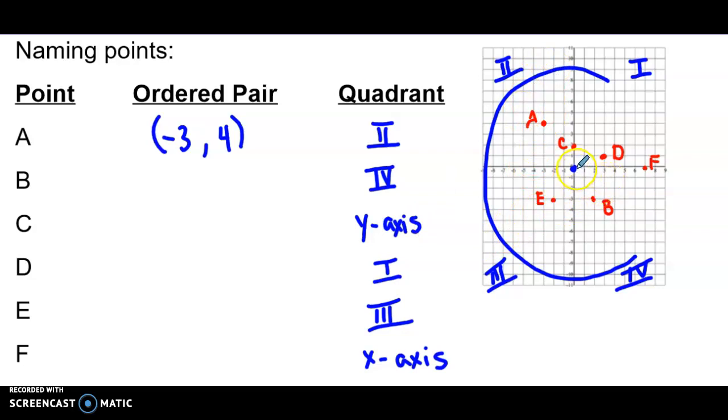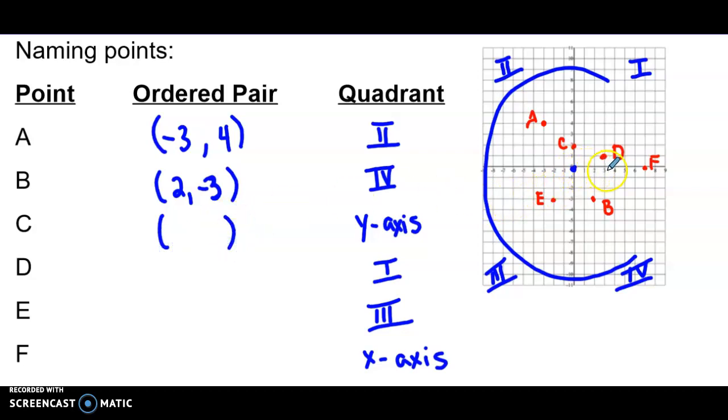All right, point B, we're going to start at the origin. We need to find our ordered pair. First, since the x value comes first, we are going to go to the right. To get from here to here, 1, 2 spaces. So our x value is 2. And then we have to go down 1, 2, 3 spaces. Since we go down, it's -3. Point C, we start at the origin.